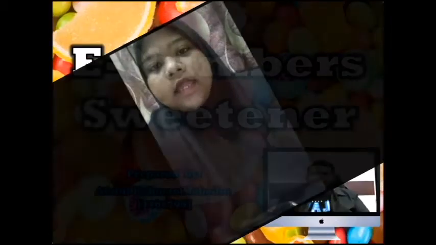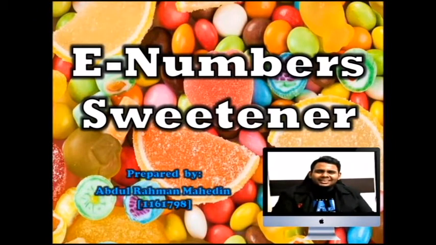The common non-nutritive sweeteners approved for use are aspartame, luo han guo, neotame, sucralose, steviol glycosides, and acesulfame K.